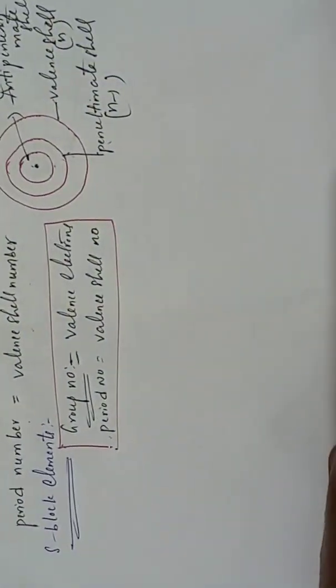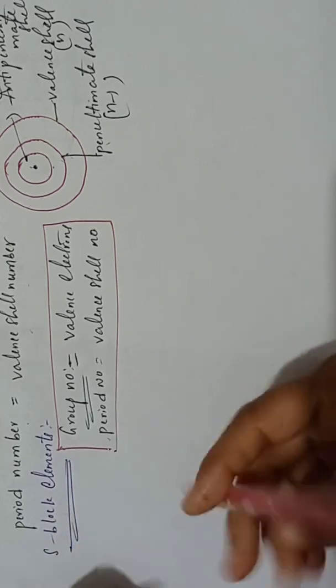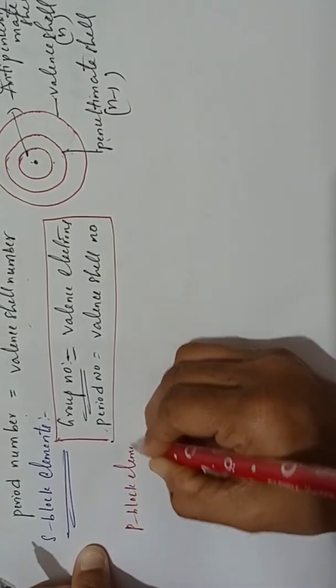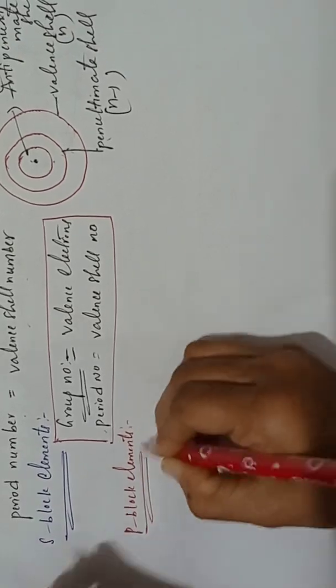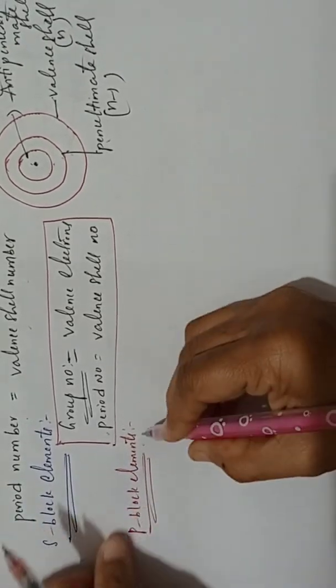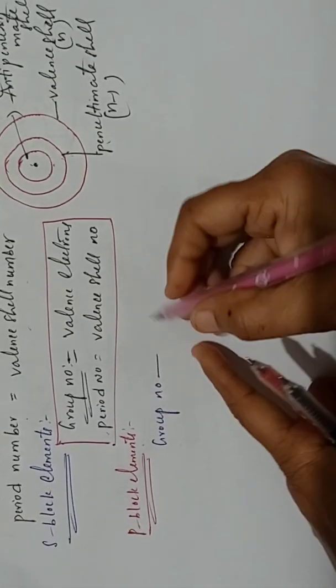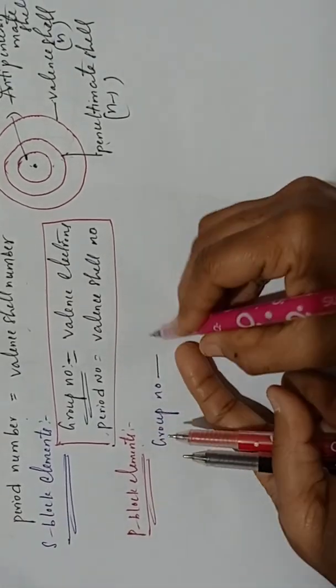Now I am going to discuss the P block elements. What is the group number formula for P block elements?